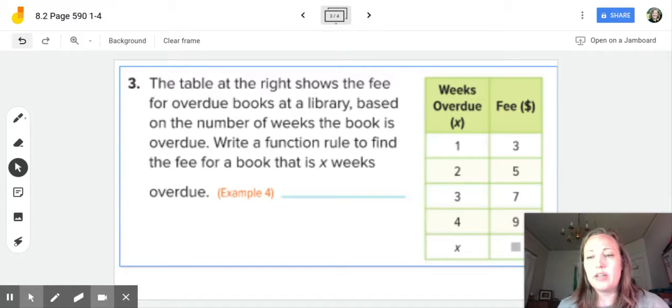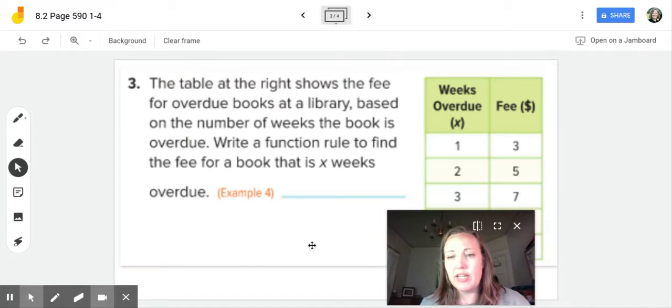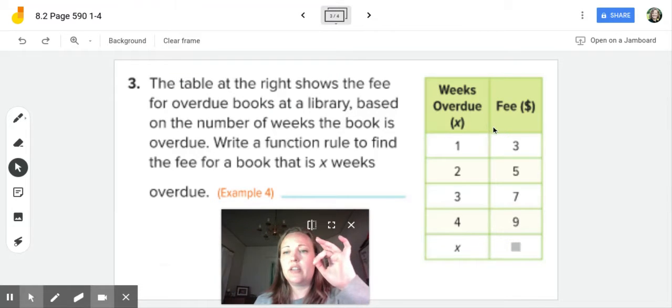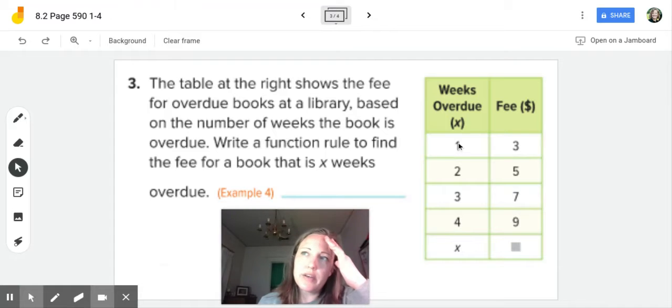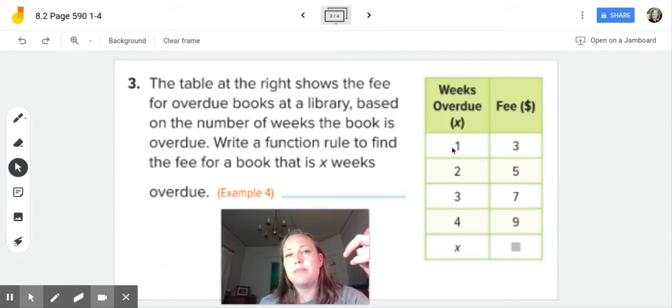So if we look at what we've got, it looks like if it's overdue for 1 week, it's going to cost you $3, right? So if it was just a basic geometric sequence, we would say for 2 weeks, it might be 3 times 1 is 3, 3 times 2 is 6, 9, 12.